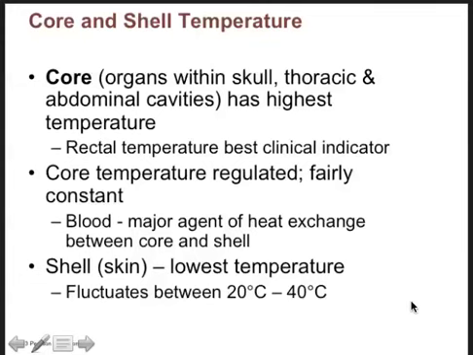As a result, what we see here is a method for regulating core and shell temperature. The blood can act as a conduit. As an example, if we take a hot day and you were to go out into the pounding sunshine, what you would notice is that your skin would turn red and you would begin to sweat.